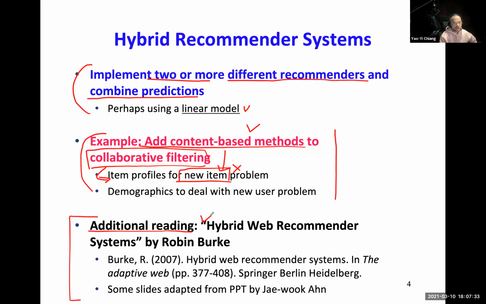This is a very interesting and important paper, because in the paper, although it's an old paper, you can see they talk about different types of hybrid recommendation systems and real applications. So this is very good that next time when you see a similar problem that you want to deal with, you can look at the paper and see how people built their recommendation systems. It might be useful for your problem as well, and also for your final project.